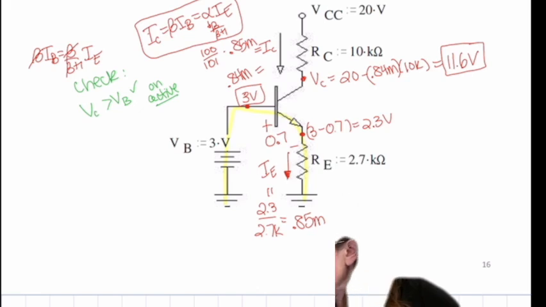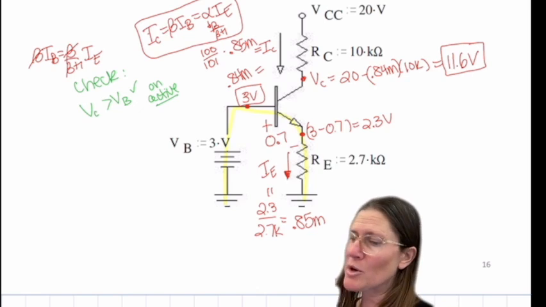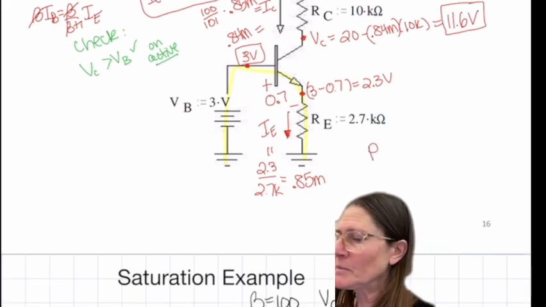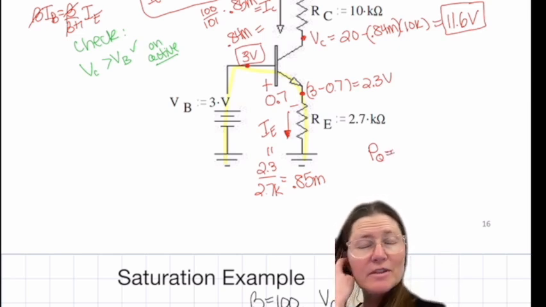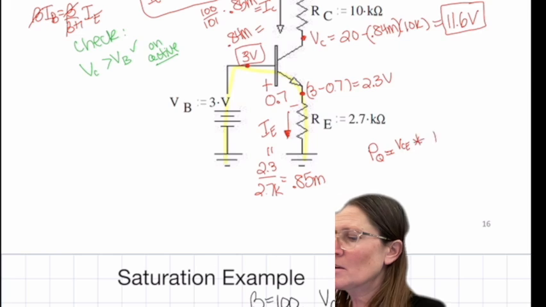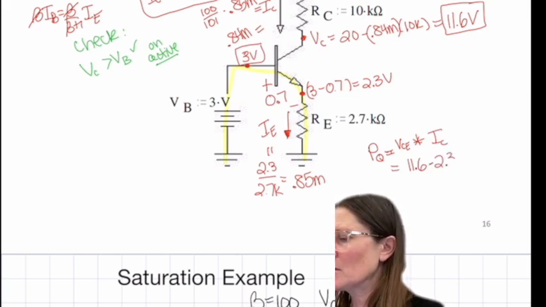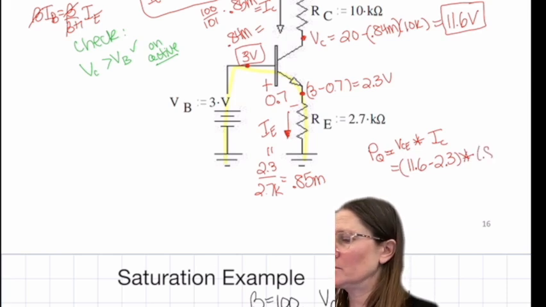All right, so any questions on this? Okay, power. Power of the BJT is going to be VCE times IC, where VCE is 11.6 minus 2.3, times 0.84 milliamps.